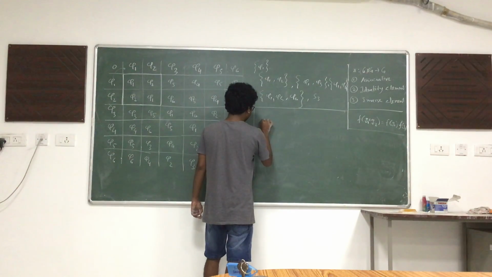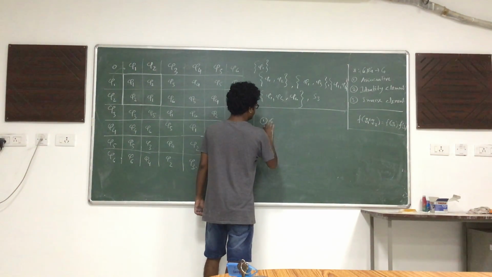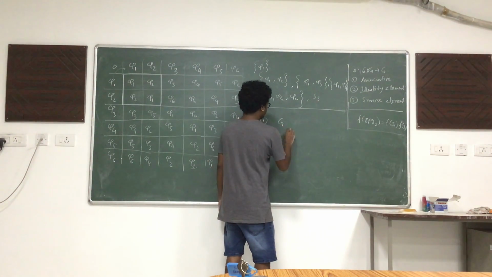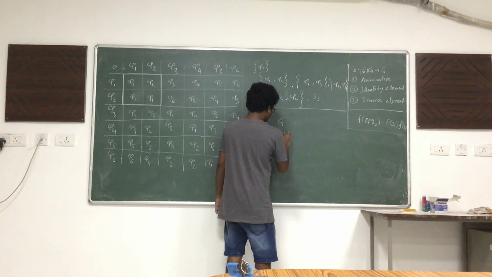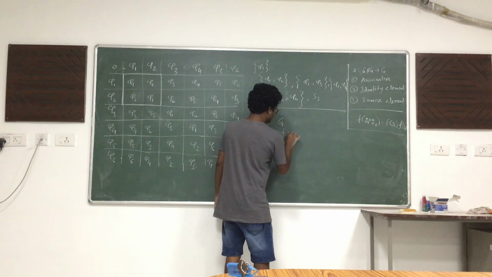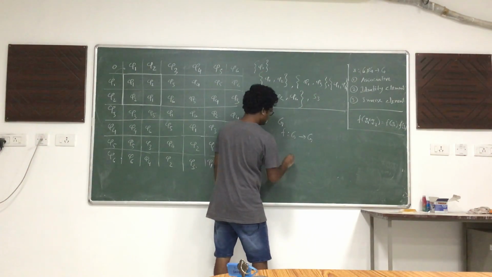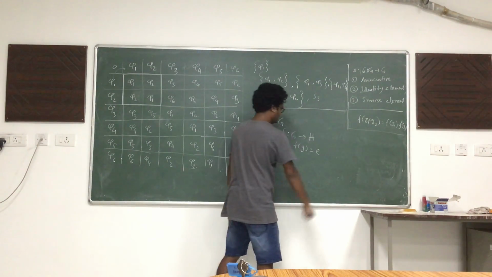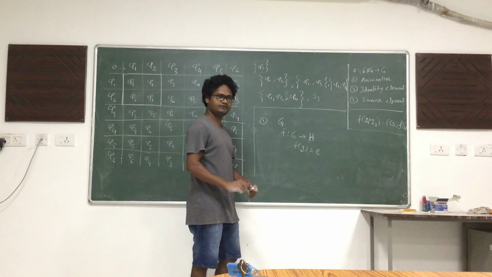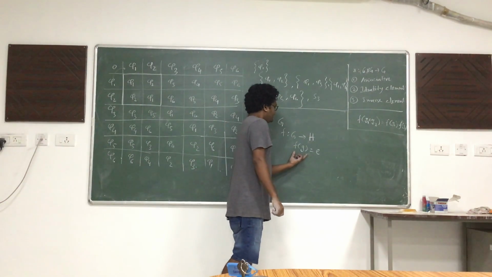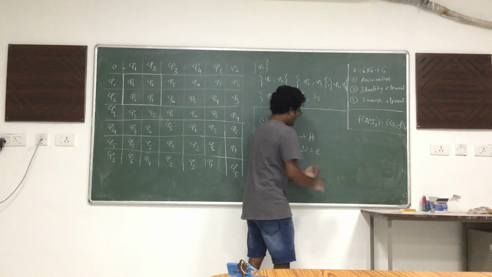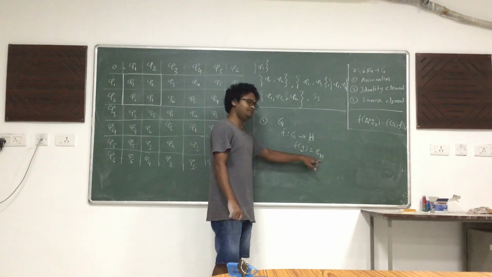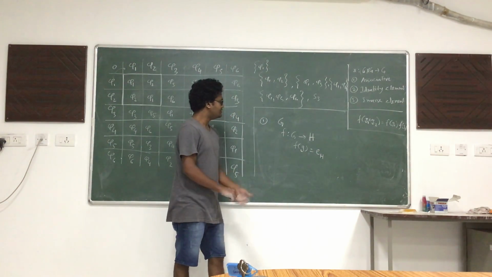A very simple example would be, let us say G is a group, and H is another group, and f is a mapping from G to H such that f of g is the identity element of the group H, let us denote it by the subscript capital H. So this is a homomorphism.